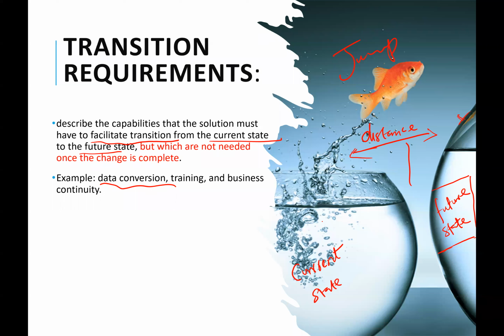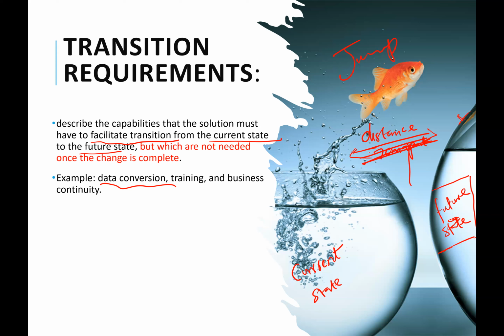So if you were writing this for a developer to implement, maybe you already know that this fish can only go 5 centimeters in flight or 7 centimeters or whatever distance. You will put that here as a requirement, right? The bowls should be 7 centimeters apart for transition. And once the fish makes the jump, this is no longer a requirement.